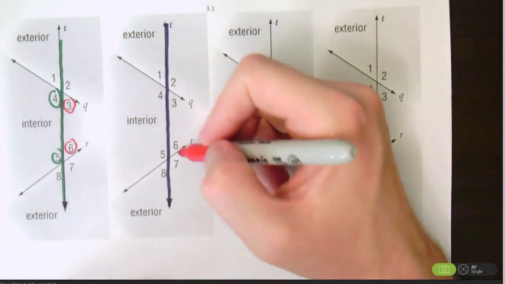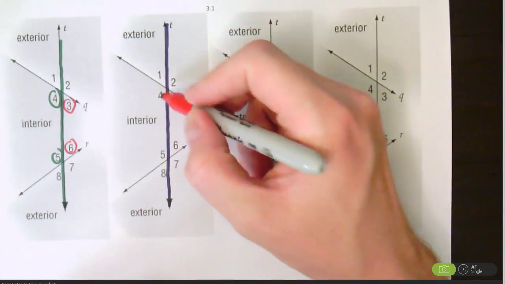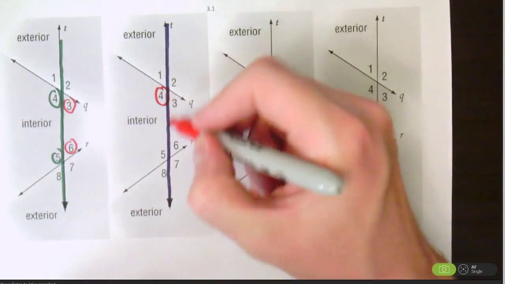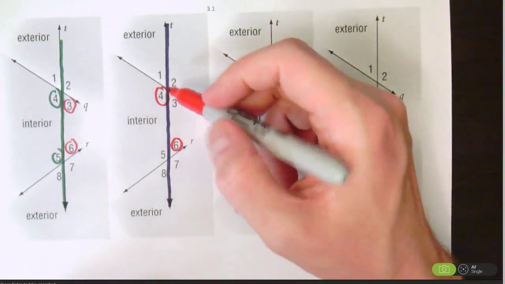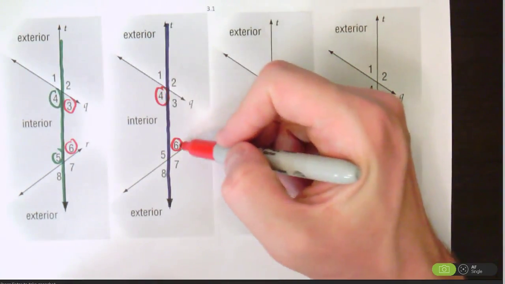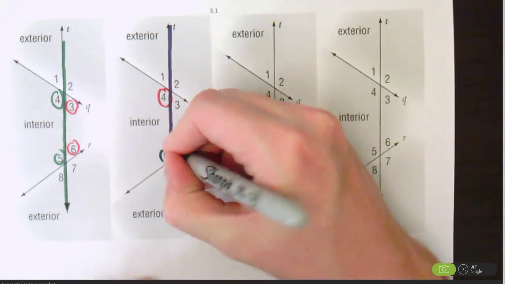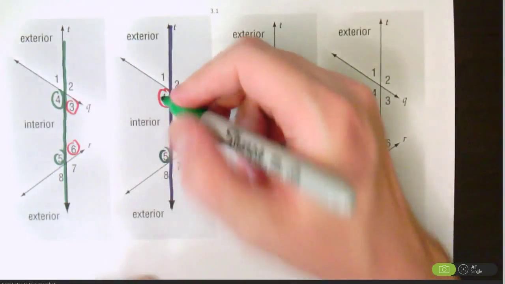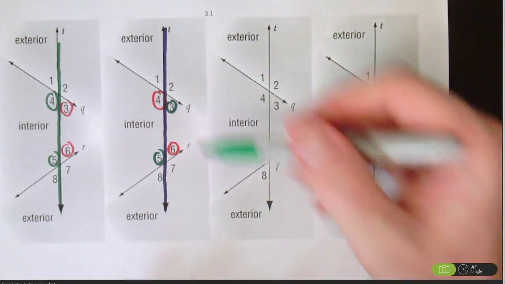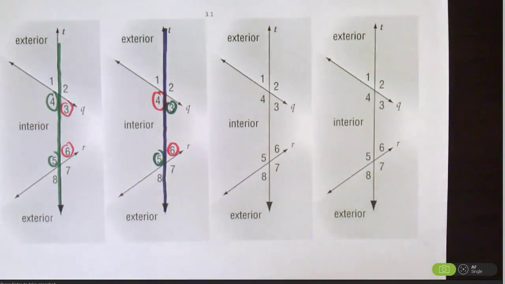With alternate interior, I don't want them to be next to each other because they can't be adjacent. So 4 and 6 are a pair of alternate interior angles, again opposite sides inside. And then the other pair is 5 and 3. So 4 and 6 are a pair, 3 and 5 are the other pair.